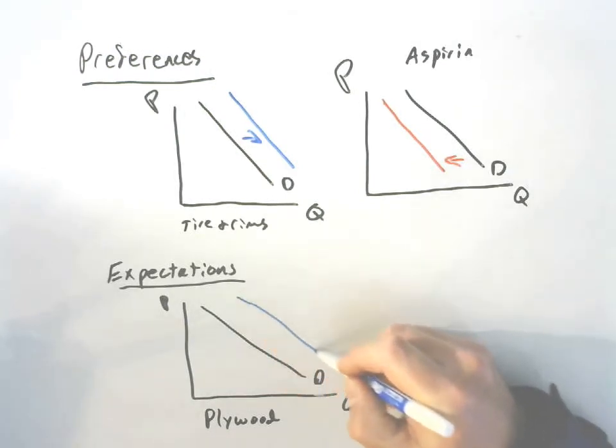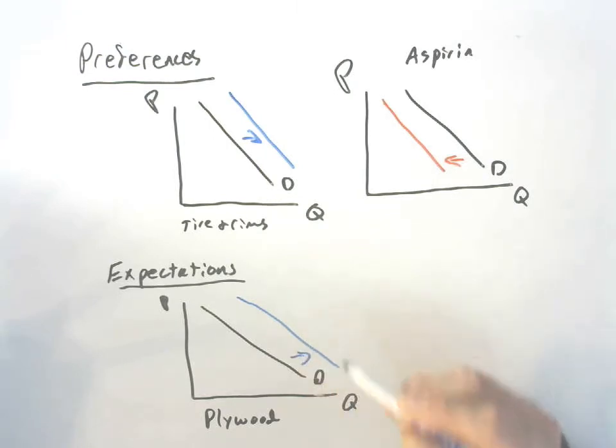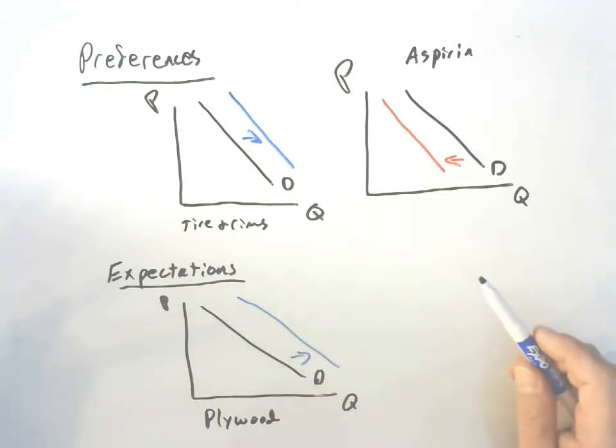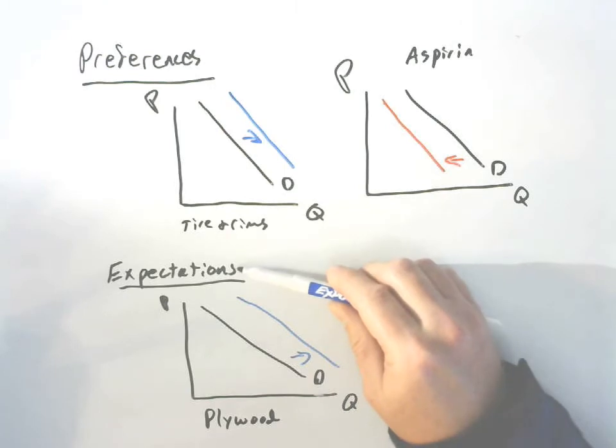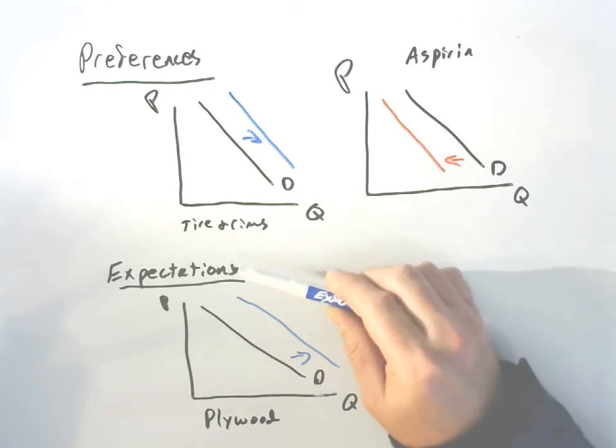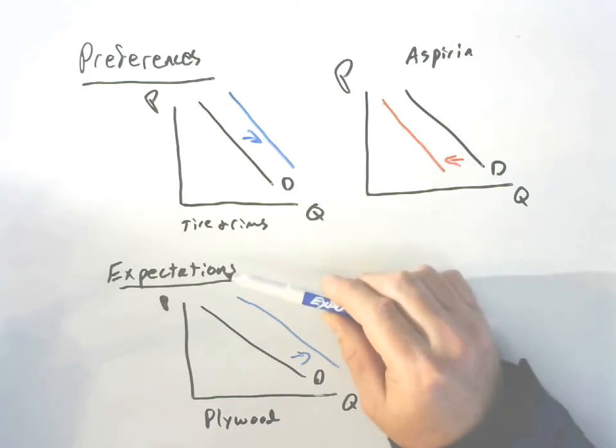Well, it's going to increase. It's going to increase because people have to board up their windows and doors to protect them from wind and flying debris. So you would see an increase in the demand for plywood in these regions if it was expected that a hurricane was going to hit sometime in the near future.